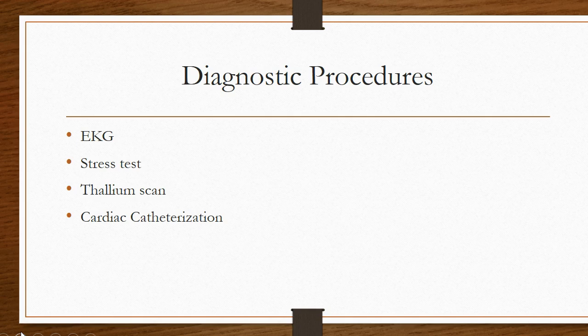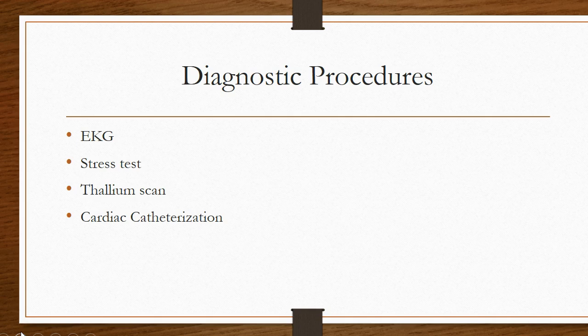The stress test is not emergent, but it is something that they will test to see how bad the damage is basically after the fact, or you might have an anginal episode going on and they admit you to the hospital, but they don't really see anything on EKG or your labs, and so they do a stress test the next day just to see what's going on.